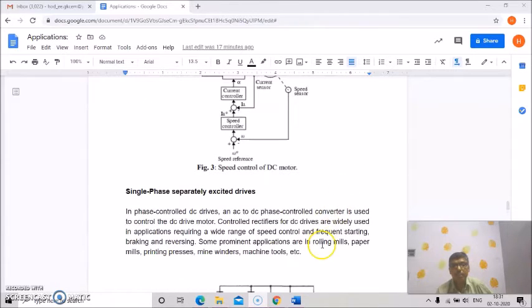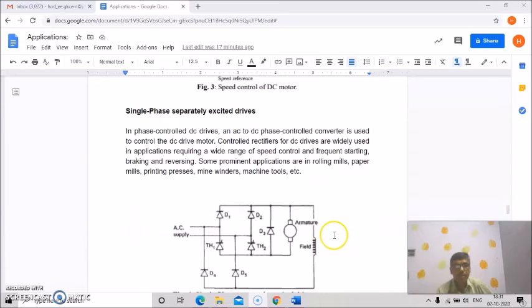So this converter is used in single phase separately excited drives, mostly in rolling mills, paper mills, printing presses, mine winders, machine tools, etc. Because speed is very important here.